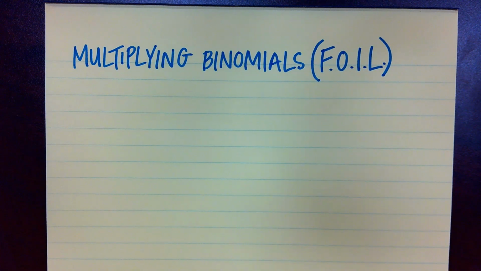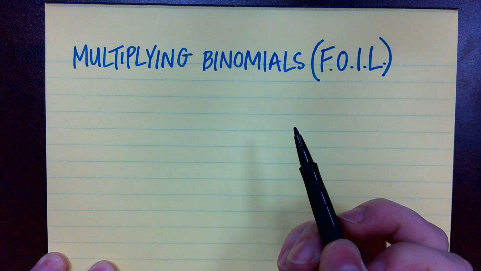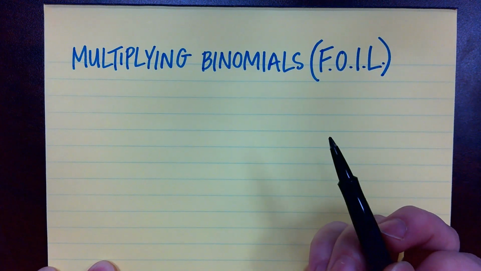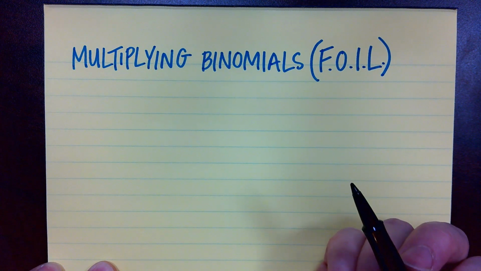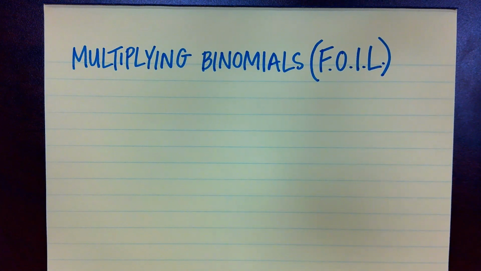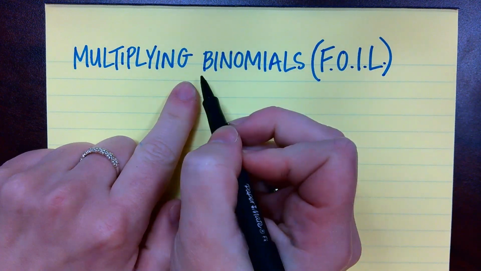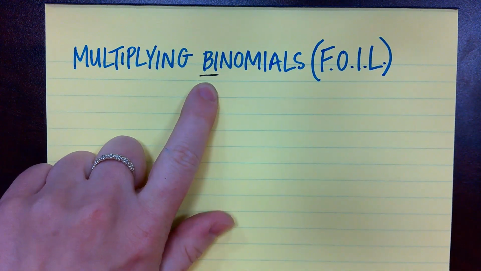Okay. Everybody settled? So first of all, does anybody know what a binomial is? Jeremiah? It's where it's got two things inside those parentheses, like x squared plus x. Yes. So a binomial, first of all, let's talk about what each of these parts of the word mean. Bi means two.